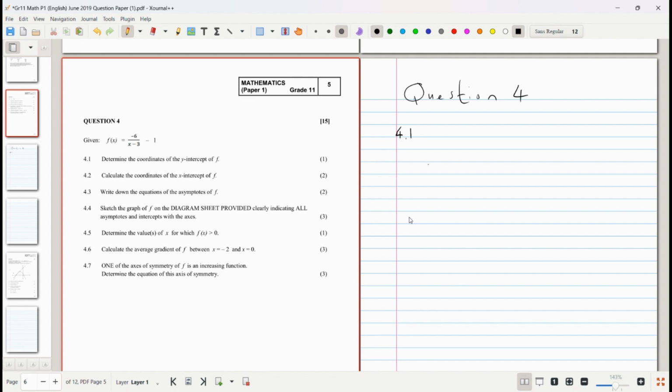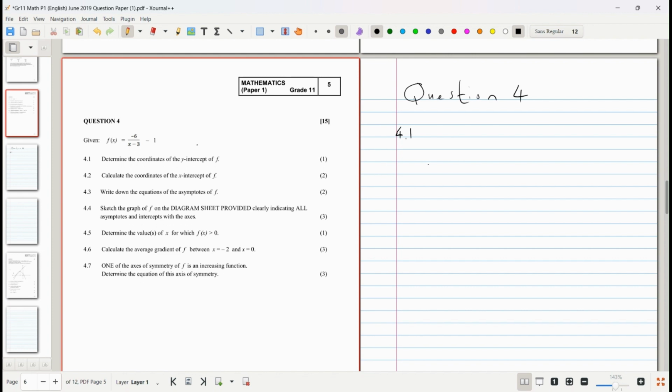In question 4.1, we are given a function f of x equals negative 6 divided by x minus 3, minus 1. We can see that this function resembles a hyperbola.